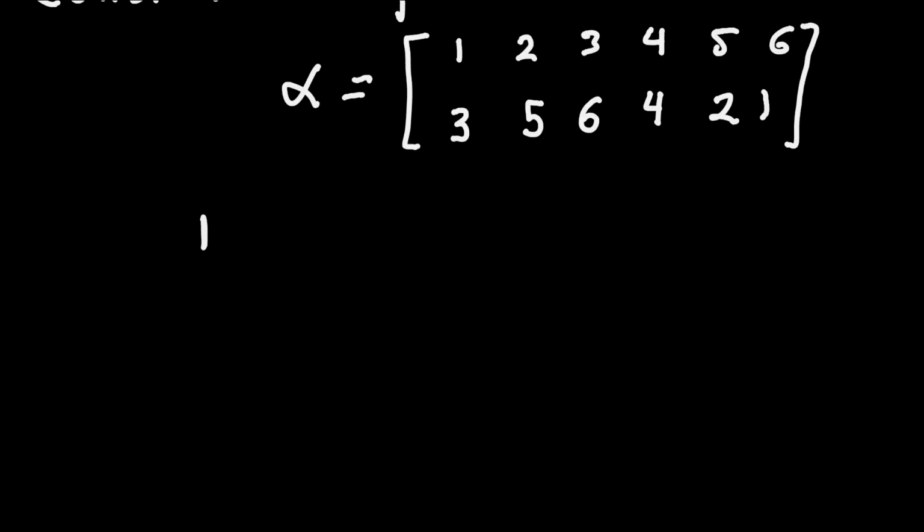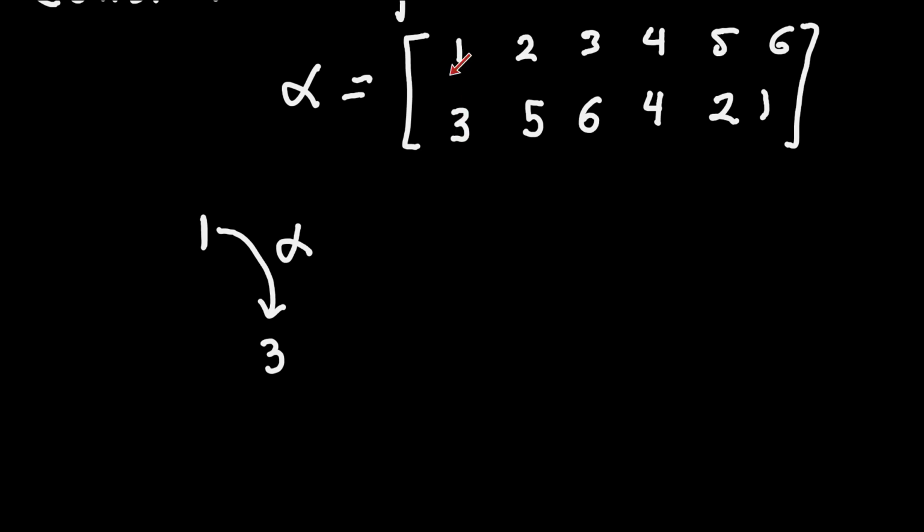I'm going to make a picture that's going to look like this. Once I apply alpha to 1, it gives me 3, and that's because of this column here. Alpha of 1 is 3. Now I look at what alpha does to the number from the previous computation. So 1 goes to 3, and then I look at what happens to 3.